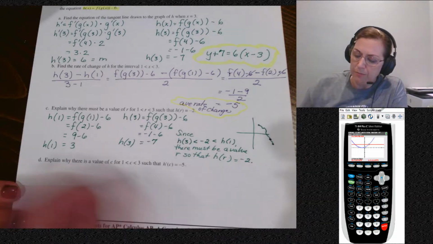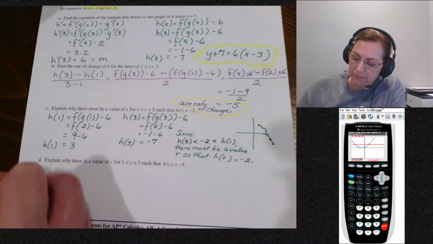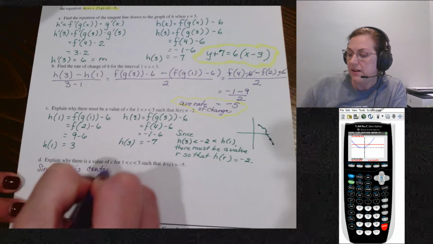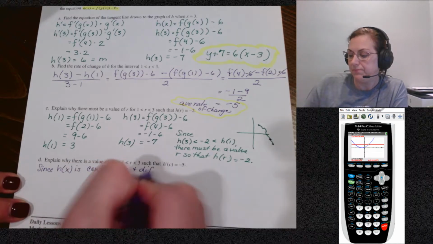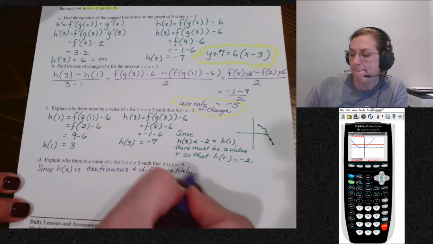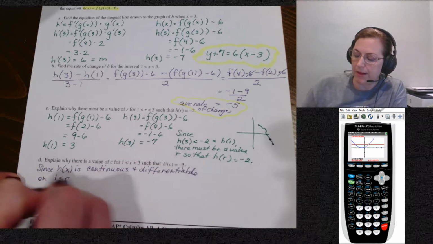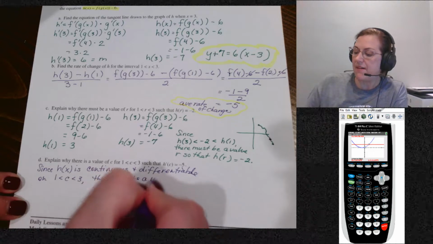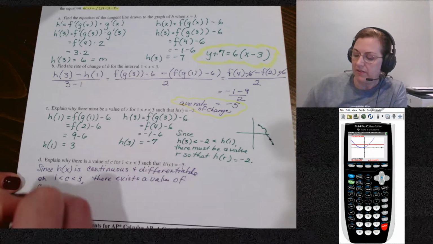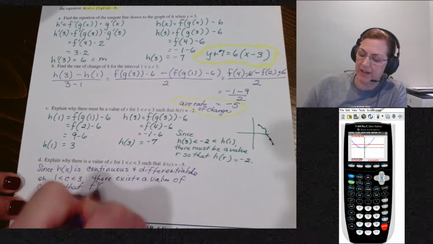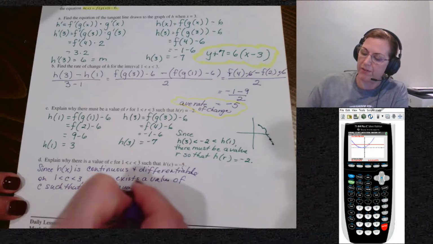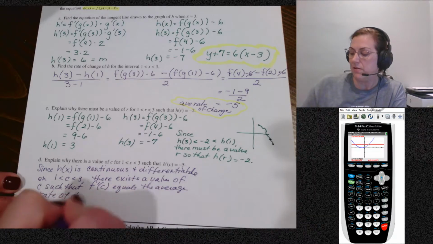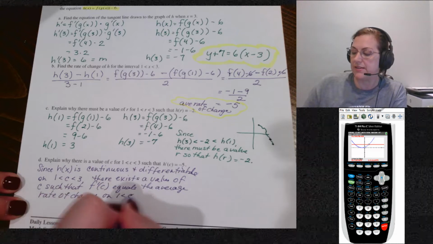Okay, so we have to say, since h of x is continuous and differentiable on the interval from 1 to 3, there exists a value of c such that h prime of c equals the average rate of change, on 1 is less than c is less than 3.